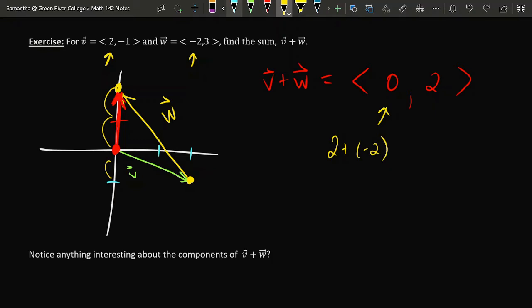And similarly, the y component of our final answer could be found by taking the y component of v and adding that directly to the y component of w. -1 plus 3 is indeed equal to 2. So when we have a vector which is expressed in components, there is a tremendously straightforward way to add the vectors together. And that's to do what's called component-wise addition.